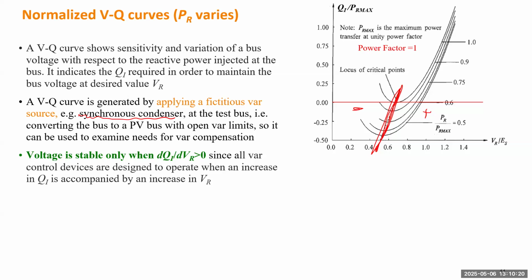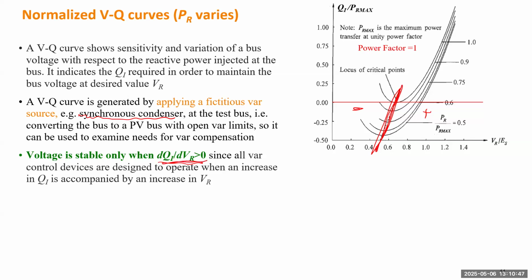So if you see a positive slope of the VQ curve for your current condition, your system is stable. If the slope is negative, your system is unstable, and you need to inject certain QI such that the slope becomes positive. So this can be a very useful criterion to judge stability.